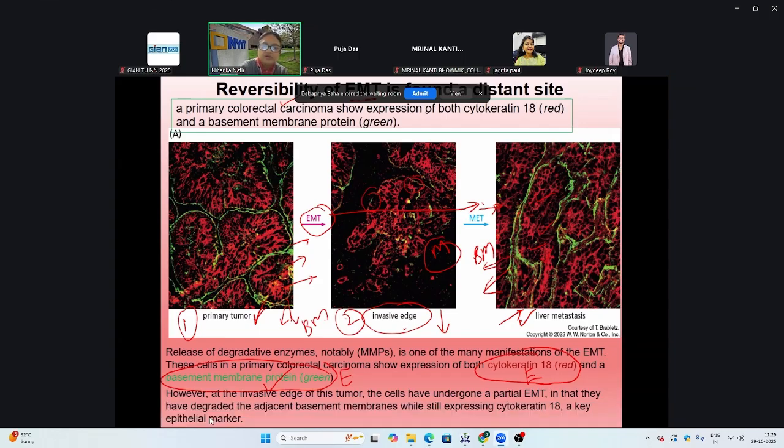This is a very direct way of showing patient samples, by doing immunohistochemistry and fluorescence, showing that the cells have undergone EMT and degraded the basement membrane as needed, and then did it again, and removed cytokeratin.